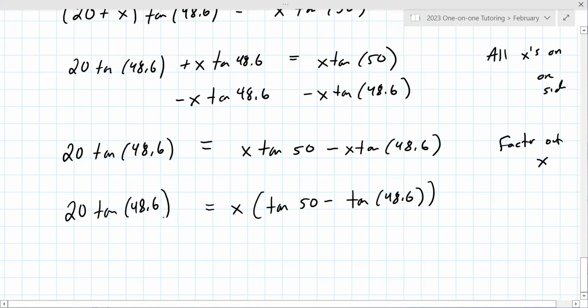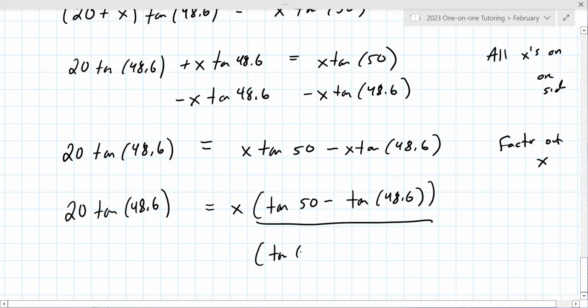And you're so close, the variable's almost right there, ready to be solved for. So you're going to divide both sides by that thing.